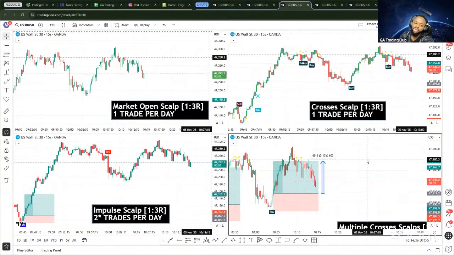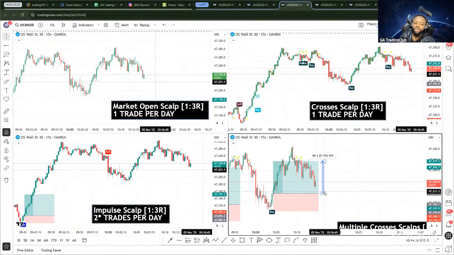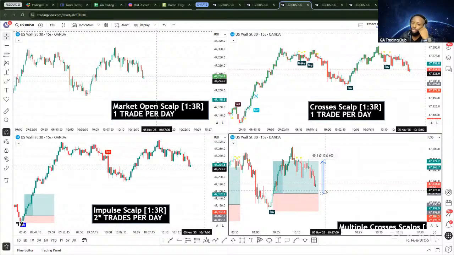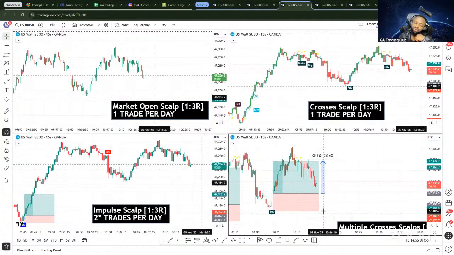But you now have to ask yourself, how often will price trend vis-a-vis how often will price hit 60 points first? So I think in most instances, price will hit 60 points more times than it will trend 150 points, 200 points.